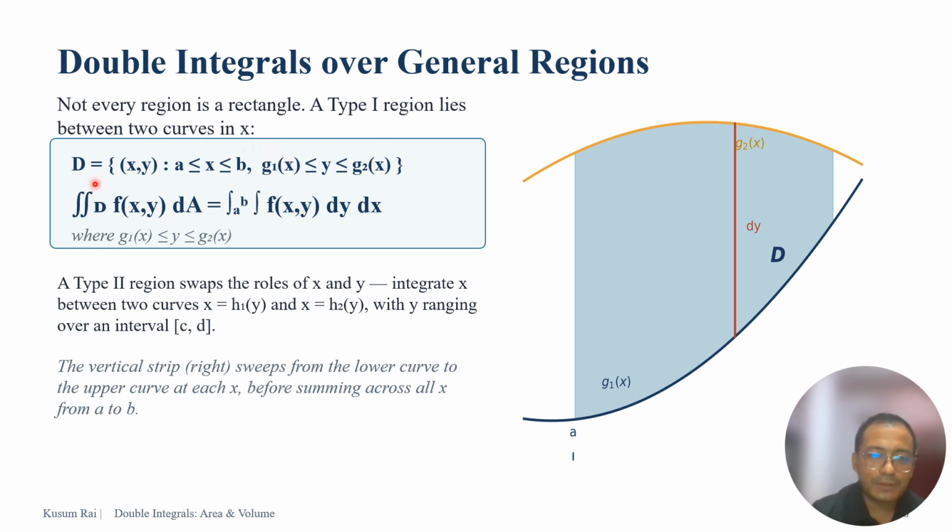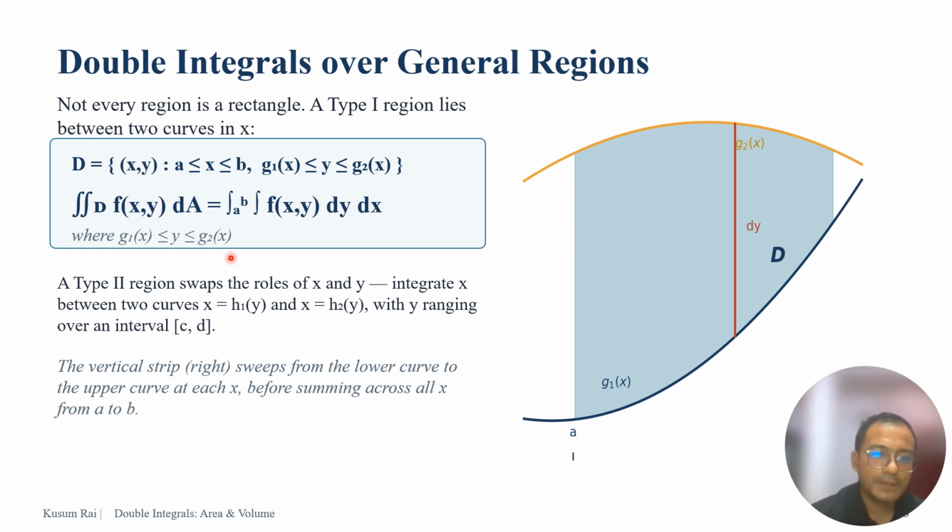That is, the set of (x, y) such that x is greater than or equal to a and less than or equal to b, and g1(x) is less than or equal to y, and y is less than or equal to g2(x). Now the double integration of f(x, y) dA is equal to the integral from a to b of the integral of f(x, y) dy dx, where g1(x) is less than or equal to y, and y is less than or equal to g2(x).